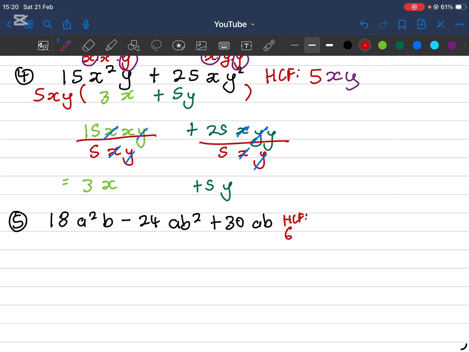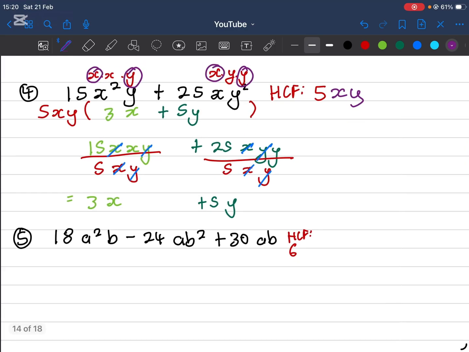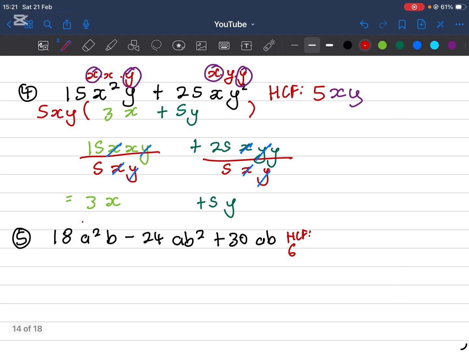Now, if we look at our letters, we have a squared, which is AAB, AB squared, which is ABB, and AB. So now, again, when we're pulling out letters that are common, they have to be common in all our terms. So if I take this A here, I have to have an A in this term and an A in this term.